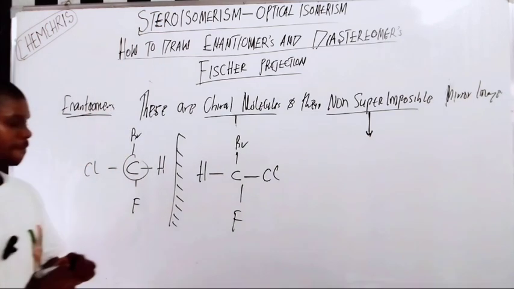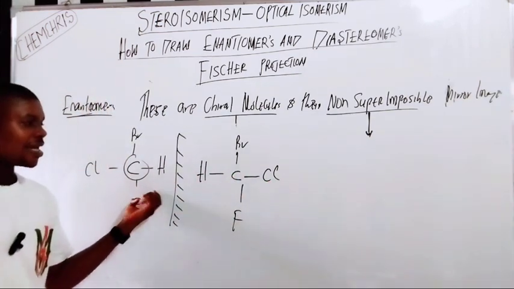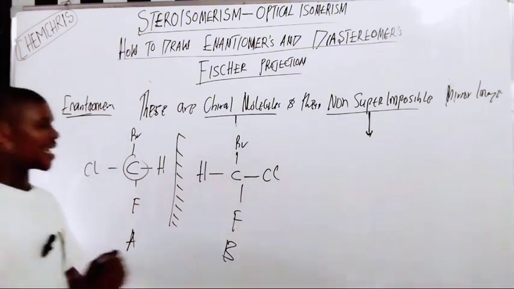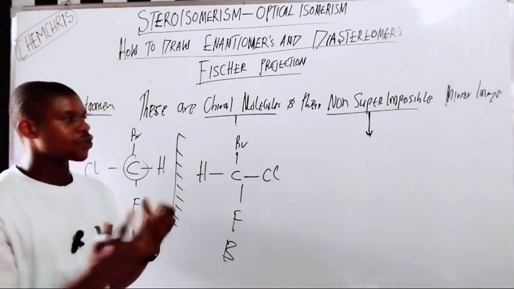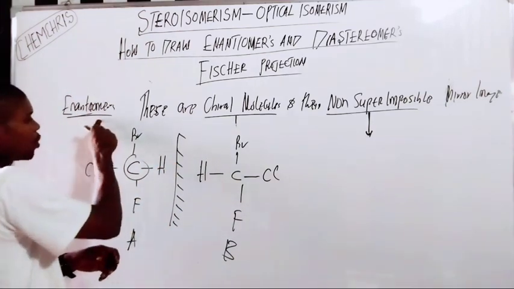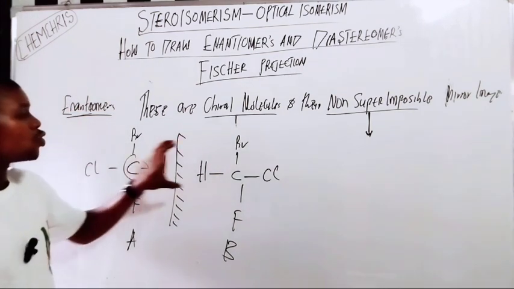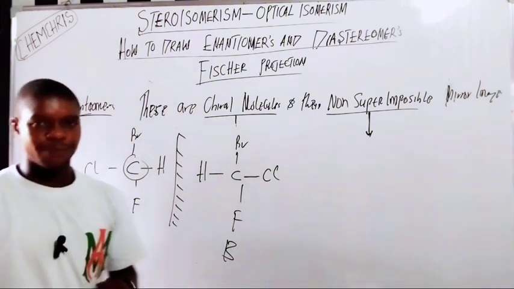Can you see that here? You find that this one is a mirror image of this one. These two, A and B, cannot overlap with each other. Now the relation between them is called enantiomers. A chiral molecule and its non-superimposable mirror image are called enantiomers, because they cannot overlap.